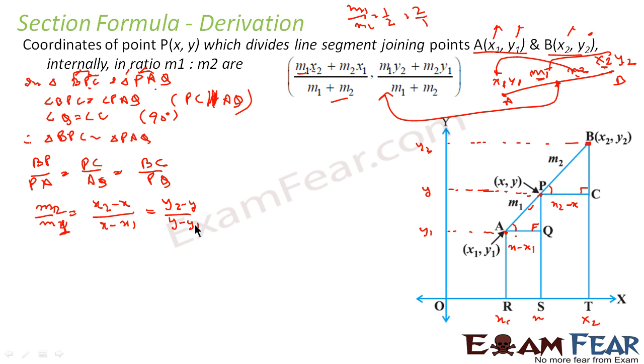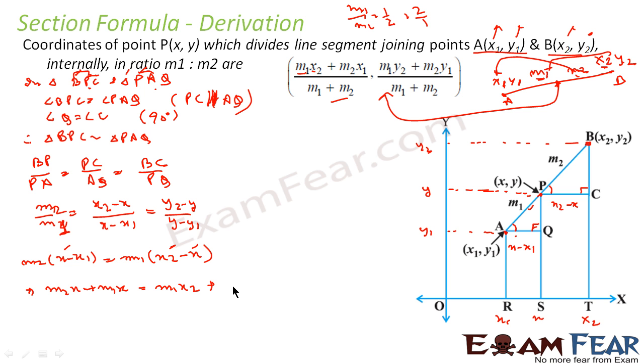Now we'll solve this equation. So we'll take these two things first. If you take these two, what we'll get? m2 into x minus x1 is equal to m1 into x2 minus x. Take x common: m2x plus m1x is equal to m1x2 plus m2x1.